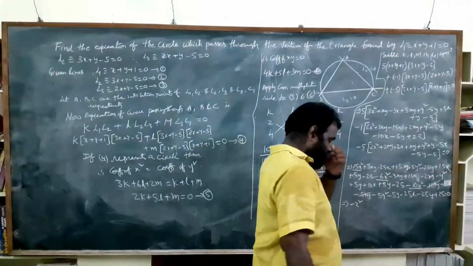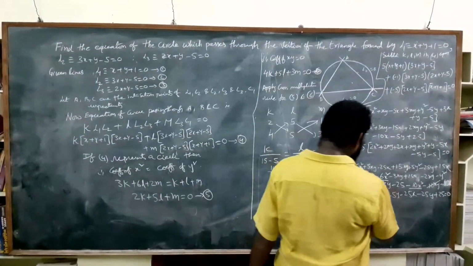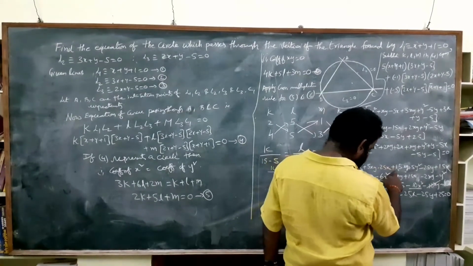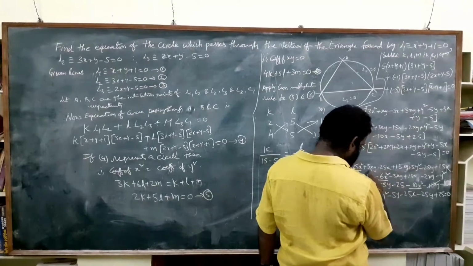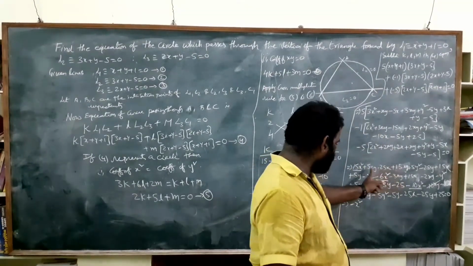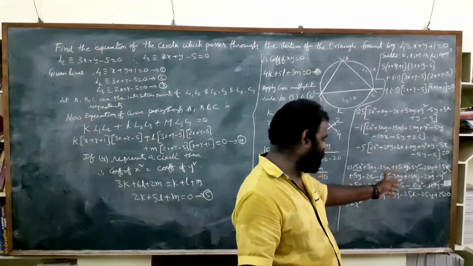Here you have to see, here 5xy and this is plus 15xy. 15xy plus 5xy, 20xy. Understand? These are positive xy's, 20xy.